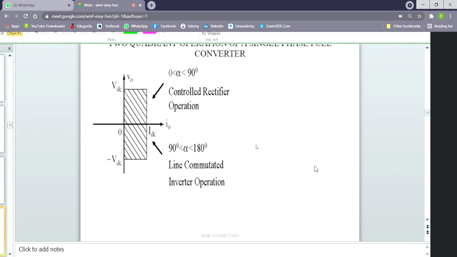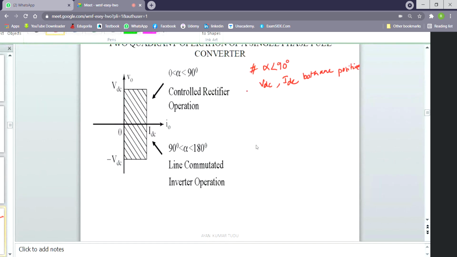Okay, so in the first quadrant, when the trigger angle alpha is less than 90 degree, what we can see is that VDC and IDC both are positive.